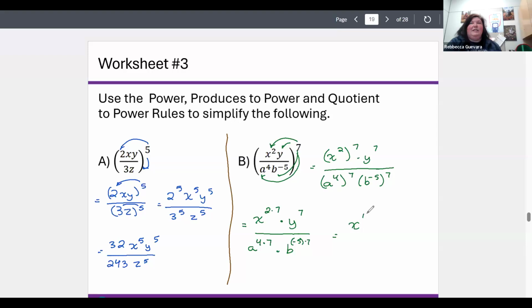That's going to be x to the 14, y to the 7, a to the 28, and b to negative 35. Negative 5 times 7. My last step is I just want to turn this negative exponent to something positive. So that is x to the 14, y to the 7, b to the 35, over a to the 28.